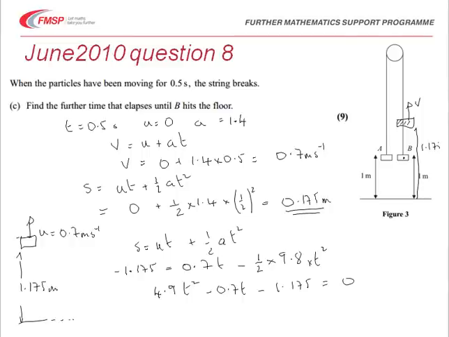So t is minus b plus or minus the square root of b squared minus 4ac, all divided by 2a.